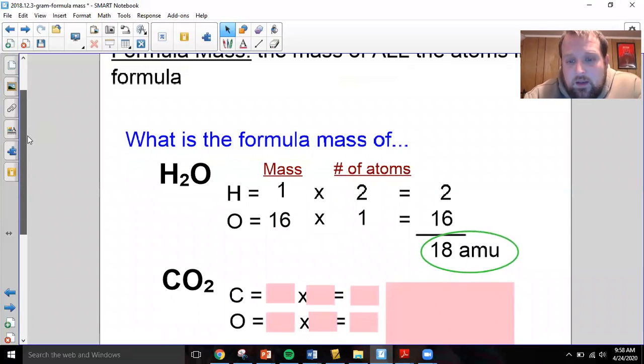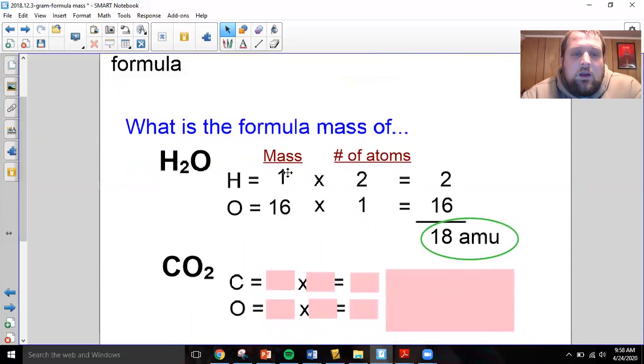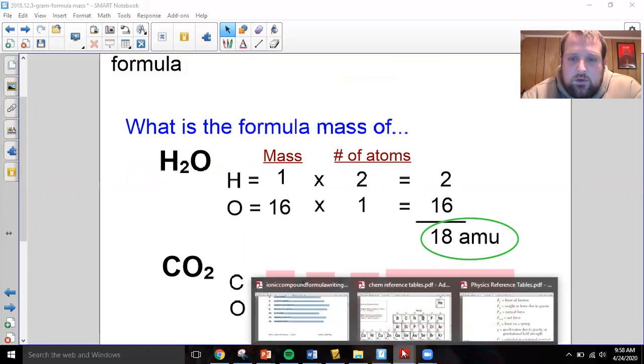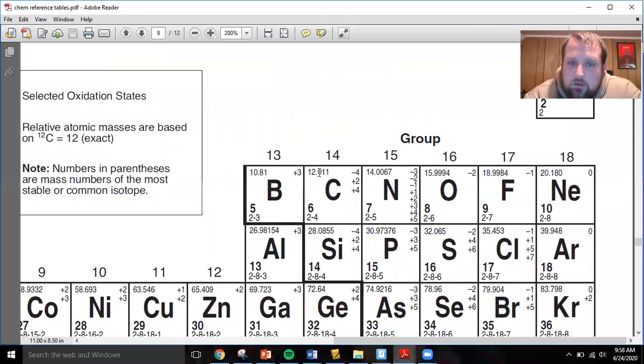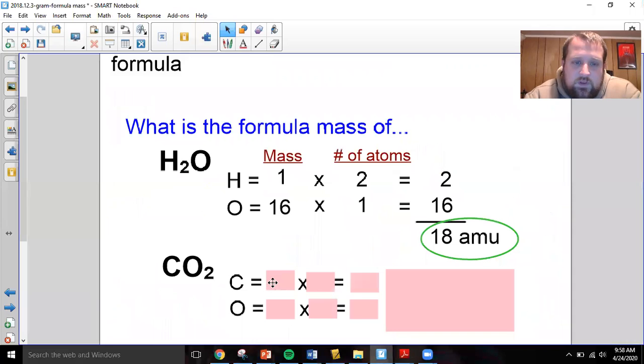What about carbon dioxide, another very common gas? What's the mass of 1 carbon and 2 oxygen atoms? So first we look on the table. We see that carbon has a mass of 12, oxygen has a mass of 16. How many atoms of each type do we have? Carbon, there's just 1.